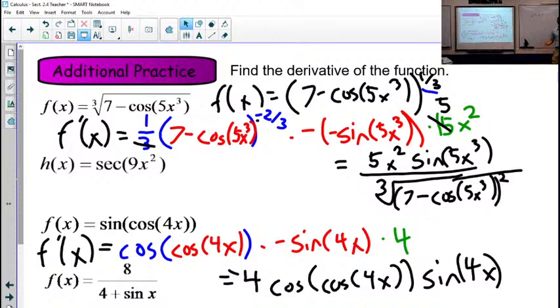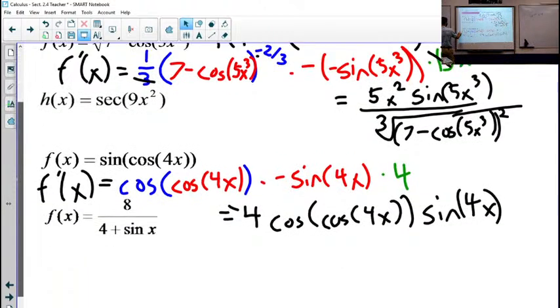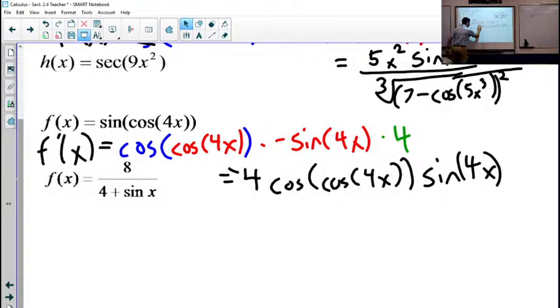So being comfortable with seeing it rewritten in a few different ways is good. I would say this is good to rewrite, at least putting the -4 out in front so that we keep track of, oh, there's a negative from here and there's a 4 from the end there.